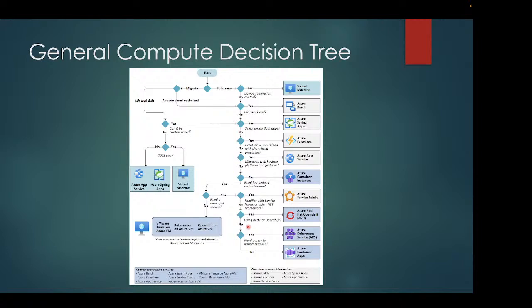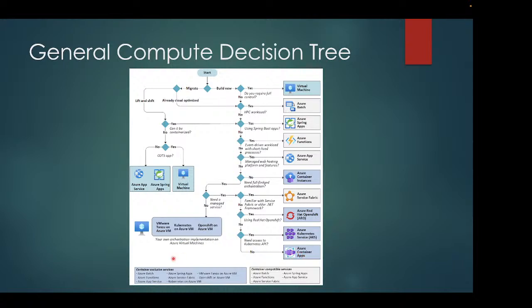If you have still come through all these things, and if you think you need access to the Kubernetes API and have a very well managed containerized cluster, you have Azure Kubernetes Service. Otherwise, if you don't need access to the API, let Microsoft take care of it, and you don't need anything like that, then Container Apps is also an option.